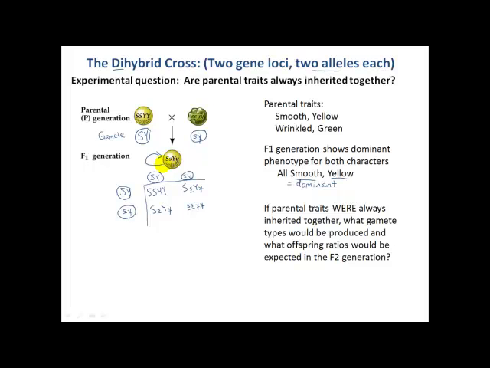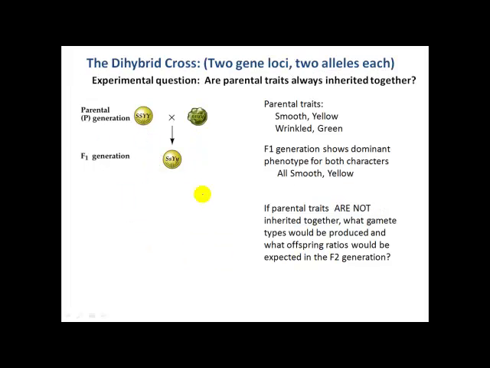So if these traits were always inherited together, then we would expect for our phenotypes a 3-to-1 ratio of smooth and yellow to green and wrinkled. And that's under the assumption that smooth and yellow always go together, green and wrinkled always go together. So that's the thought experiment. That's what we would expect. We'd have to do the experiment to see.